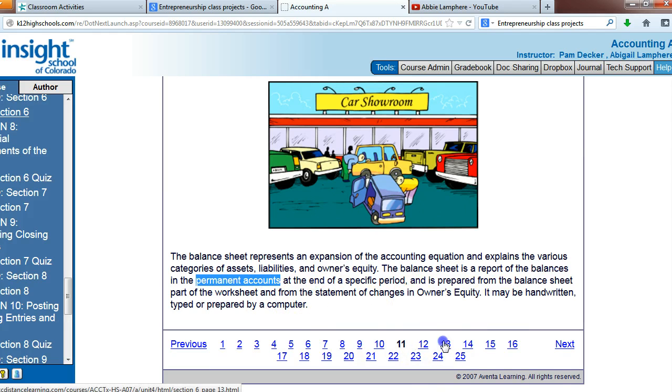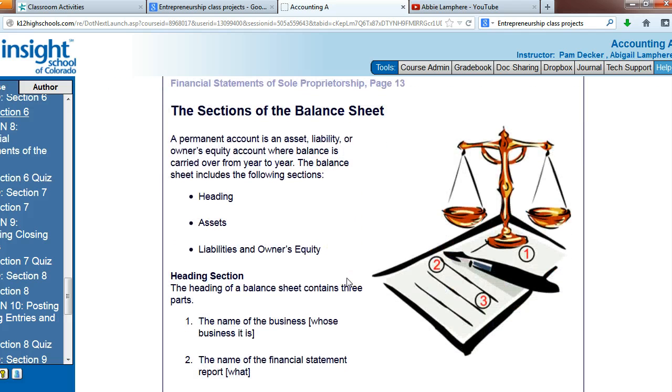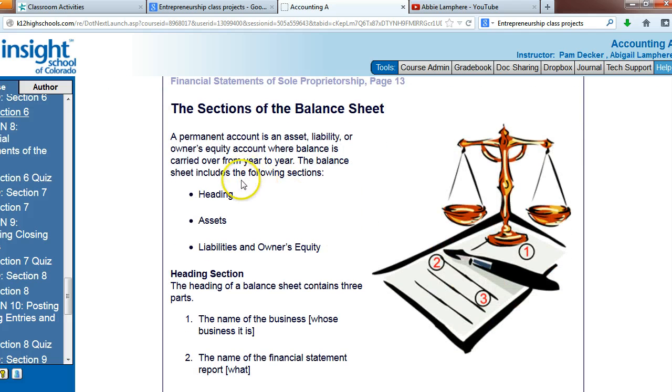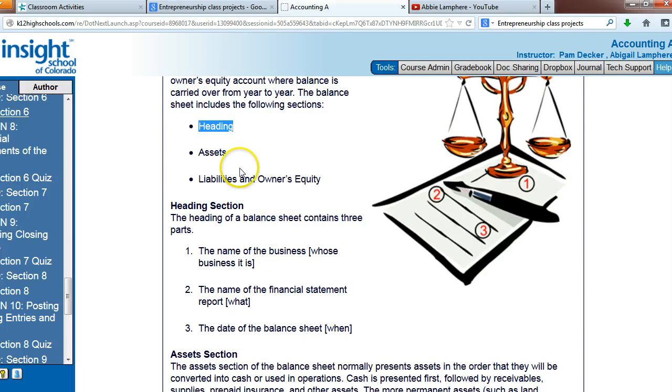Okay, let's move on here. So to the sections of the balance sheet. Again, we have a heading, so the who, what, when. The who is the business, the what is the fact that it's a balance sheet, and when is, we said we wanted to make this at the end of the period, so for the month ended March 31st, or for the year ended December 31st, however often we prepare these.